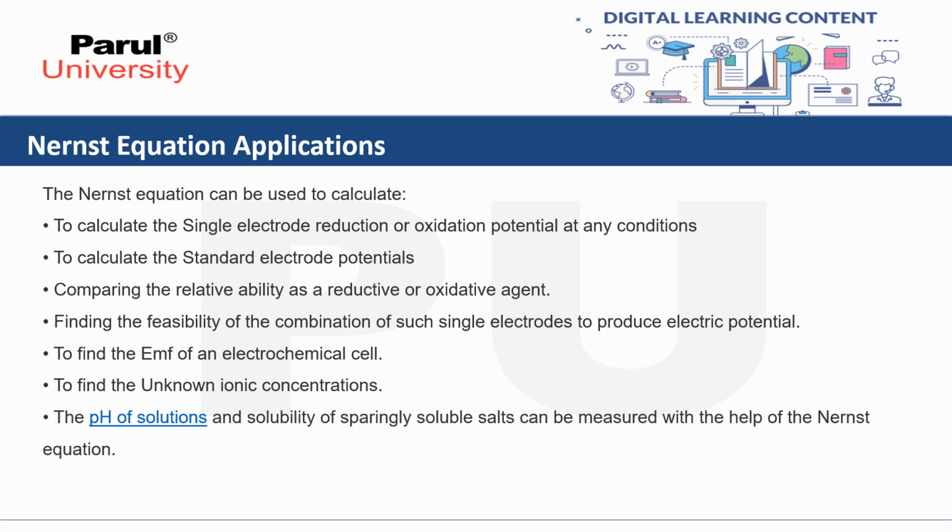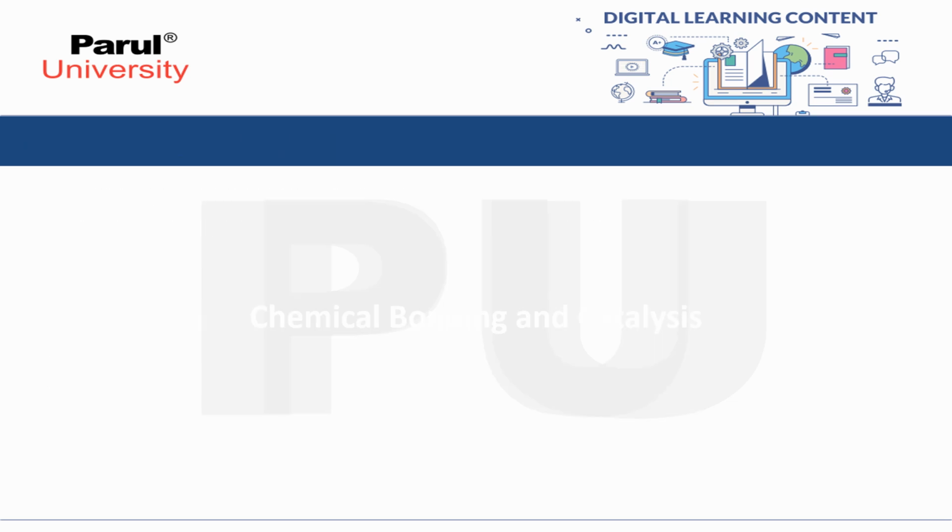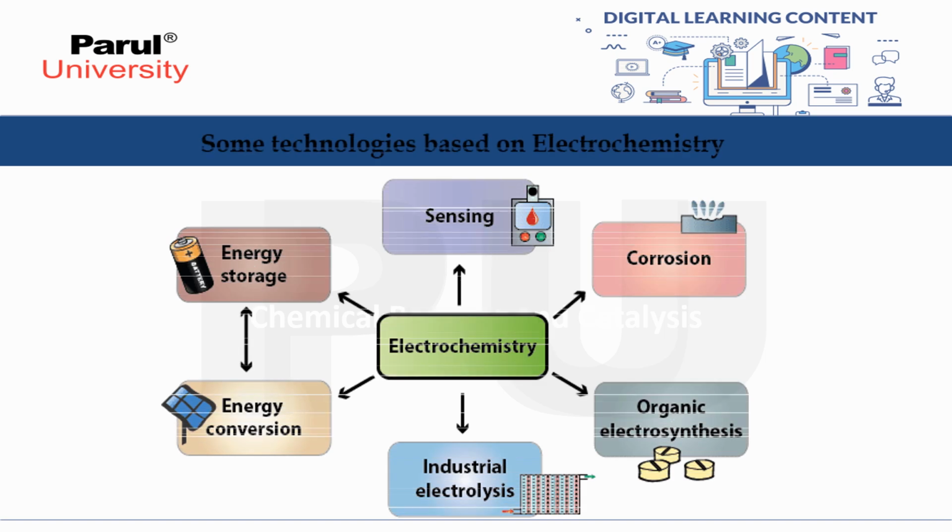The pH of the solution and the solubility of sparingly soluble salts can also be measured with the help of the Nernst equation. Hence, with the concept of electrochemistry, we can apply it in different fields like sensing, corrosion, organic electrosynthesis, industrial electrolysis, energy conversion, energy storage, and many more.